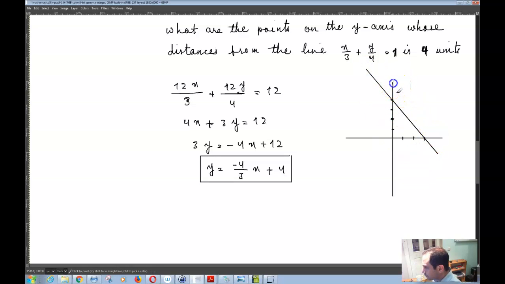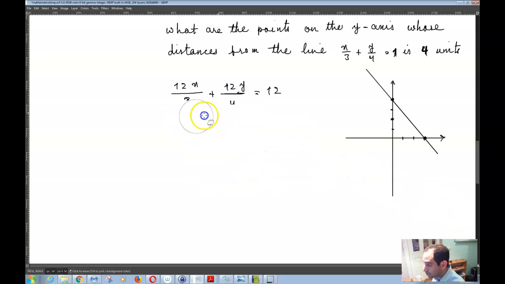And if you do it the other way around, using this, you know that your y-intercept is 4, which is the same point, and then your slope is negative 4/3. So for 3 units of horizontal change, you have negative 4 units of vertical change, which brings you here, which is basically the same thing.